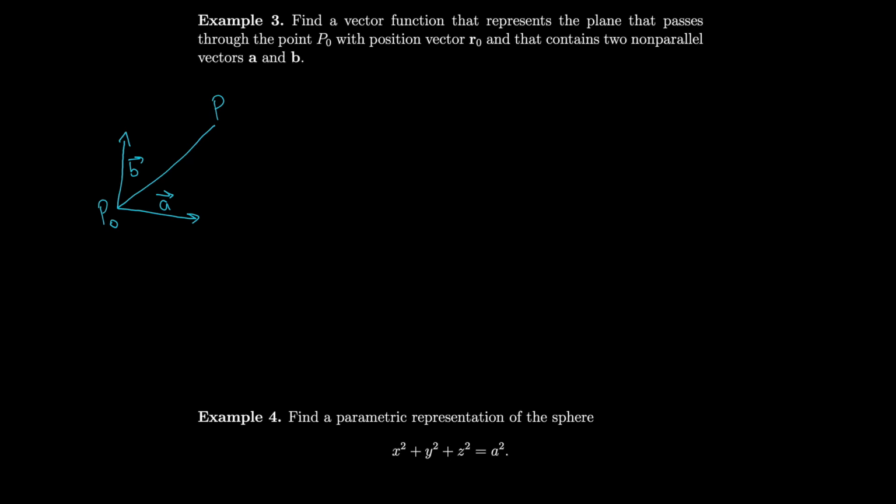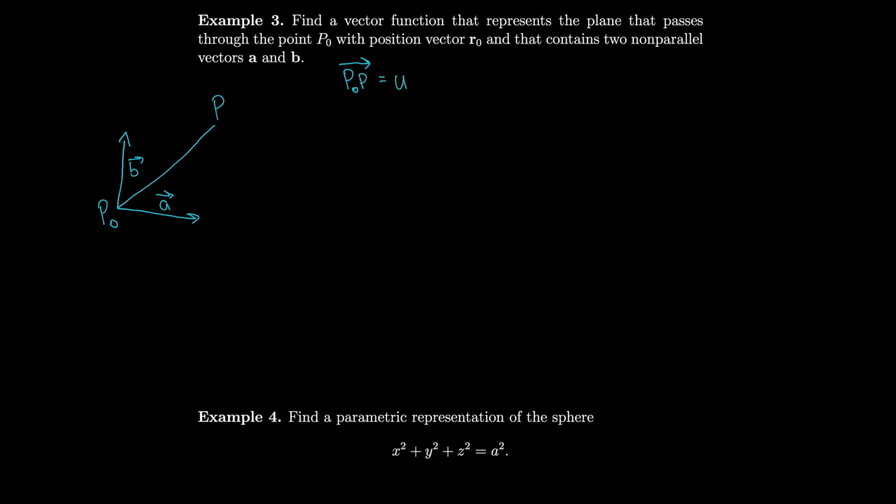Notice that a and b don't quite reach the parallelogram that would contain this point P, so we need to extend them a little bit. So in order to get from P0 to P, we could build a vector from P0 to P if we scale a and we scale b by some scalars.